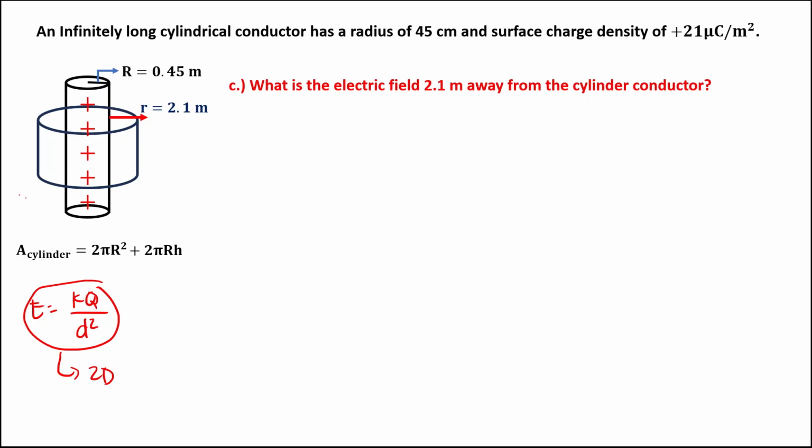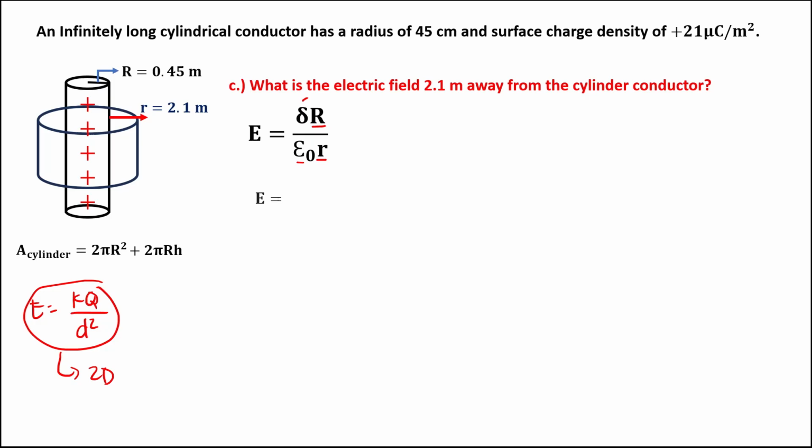Since this problem is 3D, we're going to use this formula to solve for the electric field. So we have the surface charge density times the radius of the cylindrical conductor over epsilon sub naught times the radius of the Gaussian cylinder.